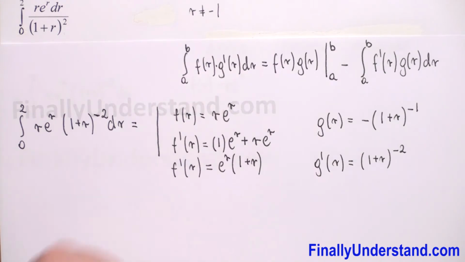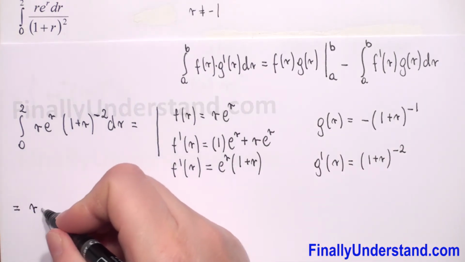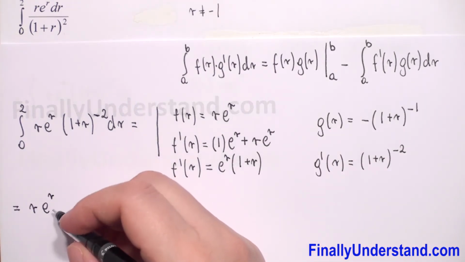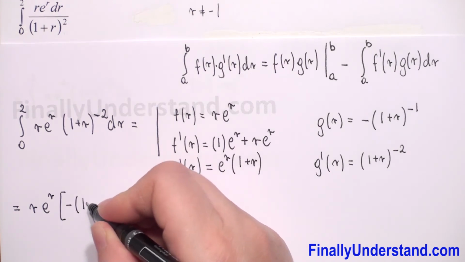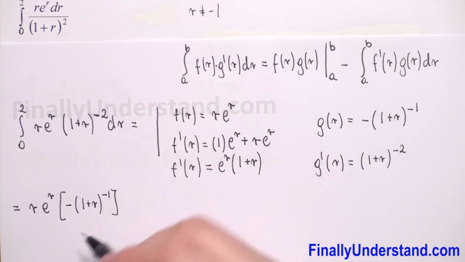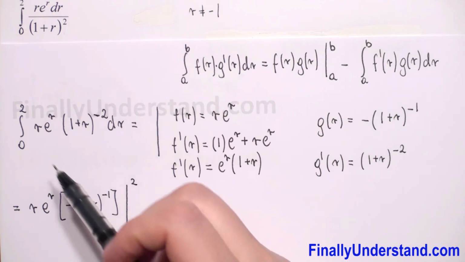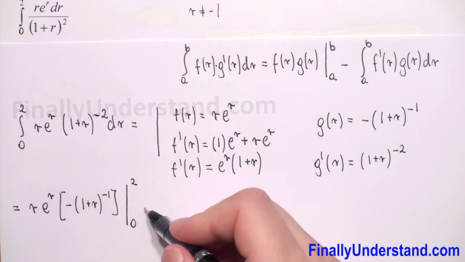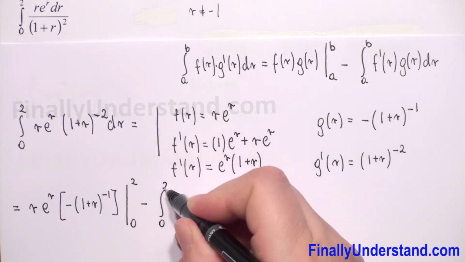This is equal to f of r times g of r, so we have r times e to power r times, and in brackets we will put negative 1 plus r in parentheses to -1 power, and we need to put a vertical bar. On the top we have 2, and on the bottom we have 0, because we have a definite integral from 0 to 2, minus, and we have to rewrite the integral symbol from 0 to 2.